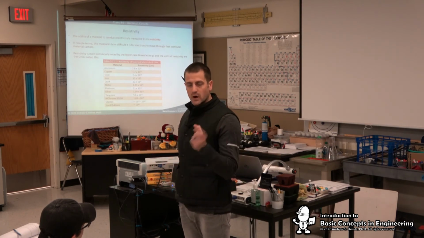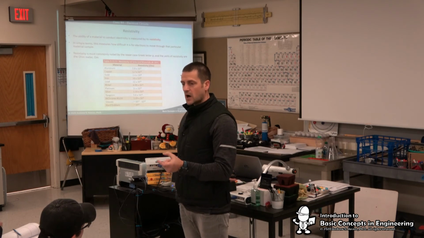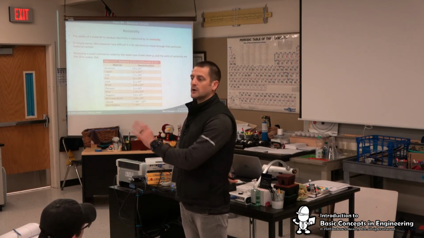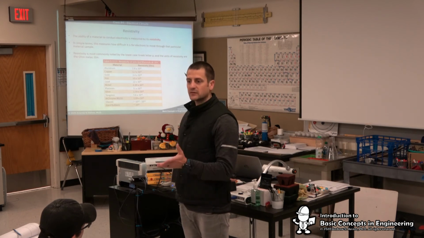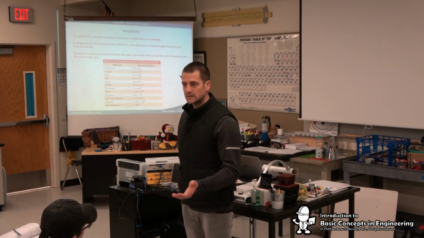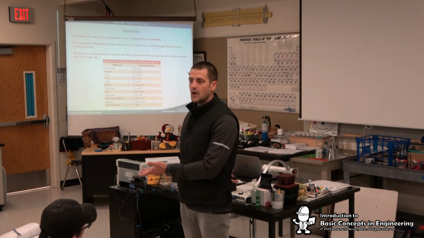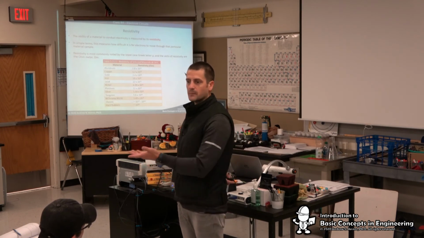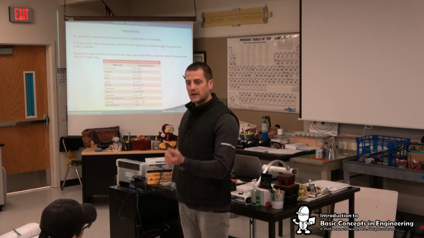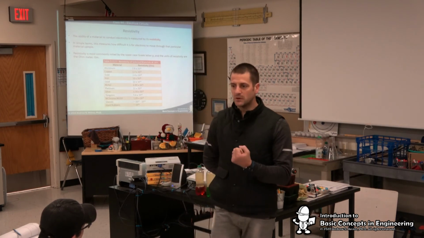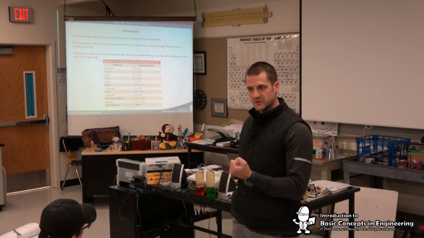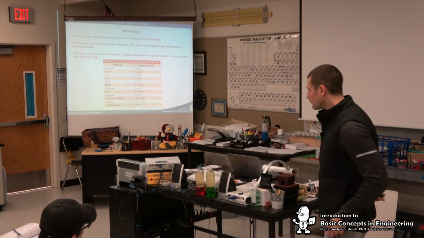So if I have 1 pound of copper, that copper will have the same resistivity as if I had 200 pounds of copper. It's no different than the molecular weight of copper. The molecular weight is still the same regardless of how much you have, and obviously the weight of copper will be different, but the molecular weight is an intrinsic property. It belongs to that material and that material alone. Does that make sense? Okay.